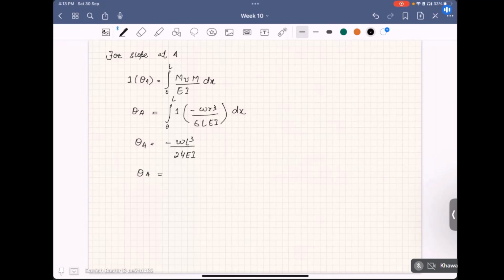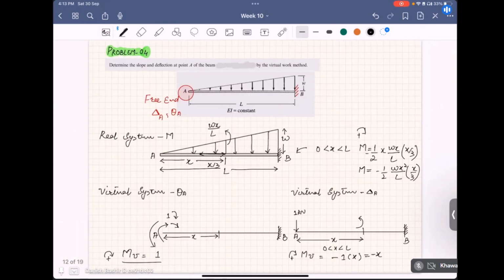This will be wL cube divided by 24 EI, and our direction will be like this. At this point I have shown it should be like this, no?